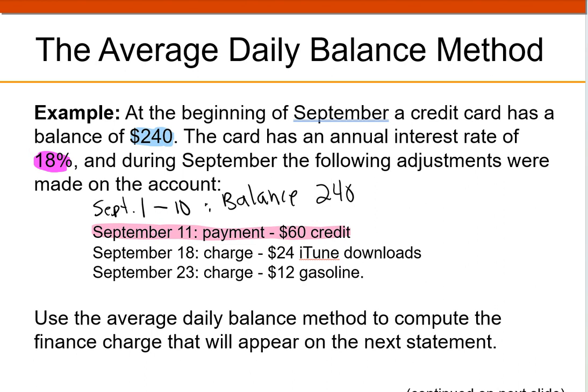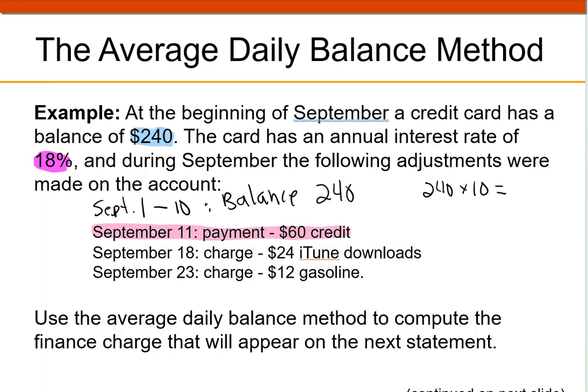September 3rd, it was $240. September 4th, you know what I'm saying here? So instead of adding $240 10 times, I'm just going to take 240 times 10, because that's how multiplication and addition work. Repeated addition is how multiplication was invented.